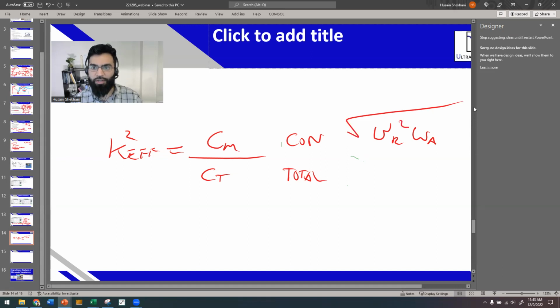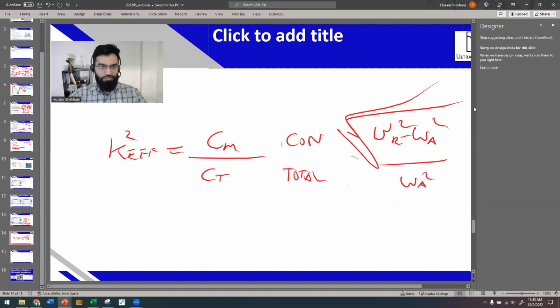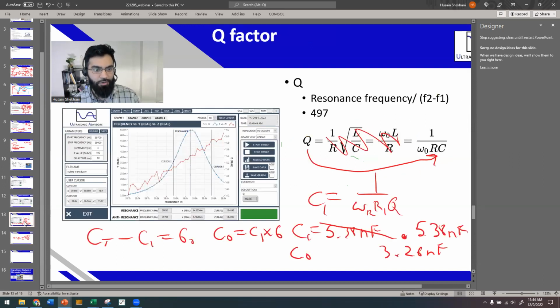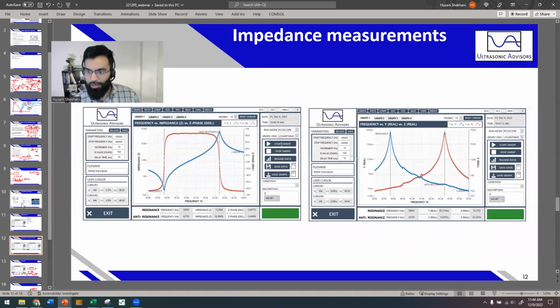I guess because when you're calculating it, you square these values, right? So if they're squared, they should put a square root on it. Maybe it was done at one point and it never changed from there. So you can calculate coupling factor from all this.